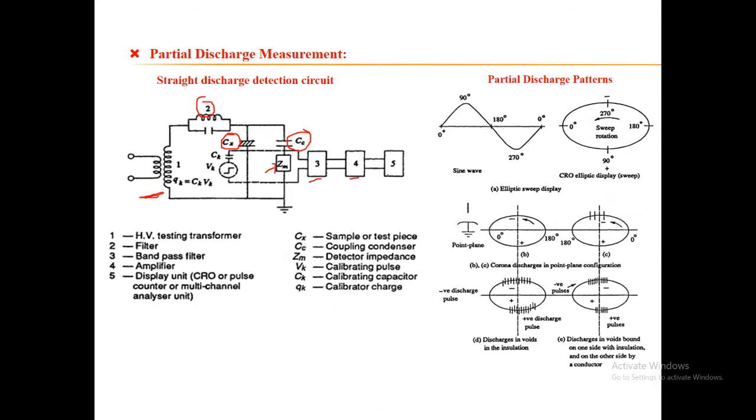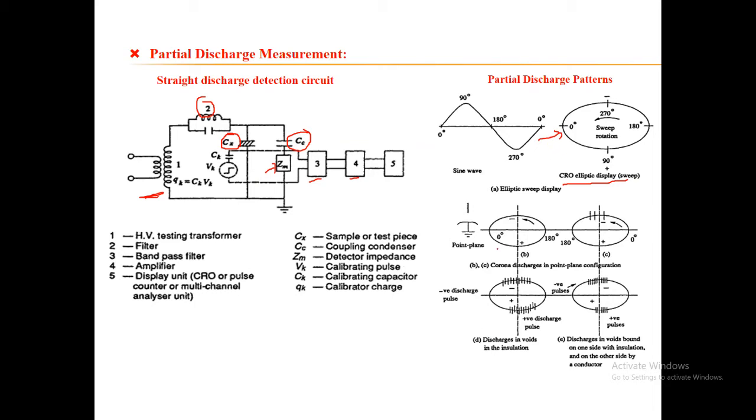Here you can see the discharge pattern which is normally displayed on the screen of the CRO during the partial discharge test. Generally, for a simple understanding, this sinusoidal wave shape is transformed into an elliptical wave shape.